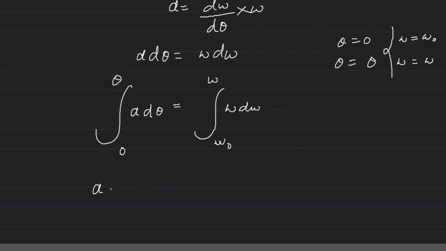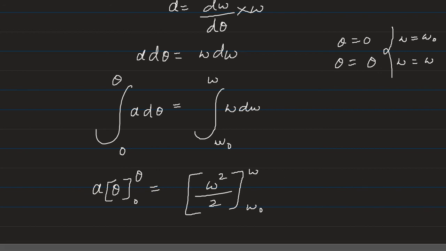So alpha is a constant, the integration of d theta is theta, lower limit is 0, upper limit is theta there, and in the right hand side we have omega d omega as omega square upon 2 there, and limit is from omega naught to omega.